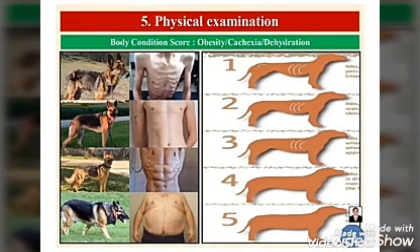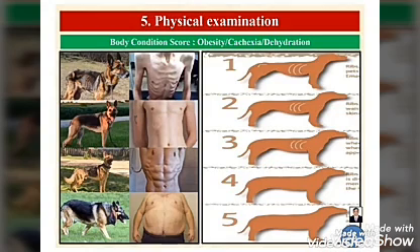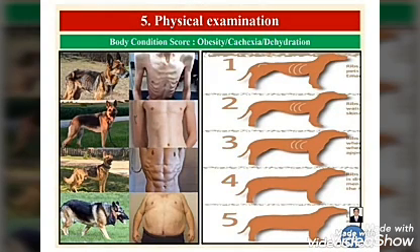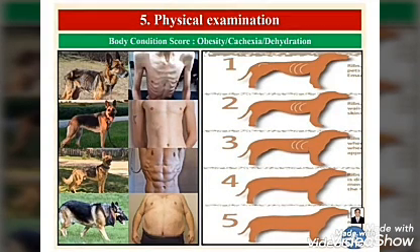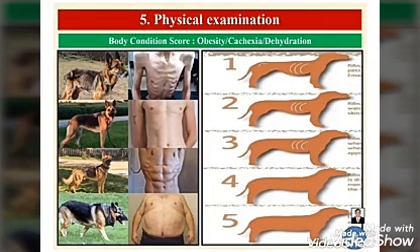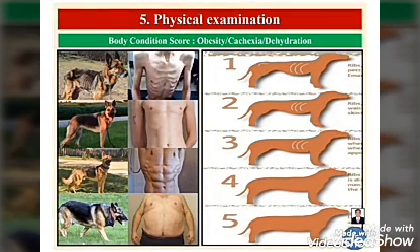Now, the physical status of the animal. So this is a funny slide. The physical status of the animals is determined by the body scoring scale, identifying whether the animal is obese, overweight, underweight, or lean.